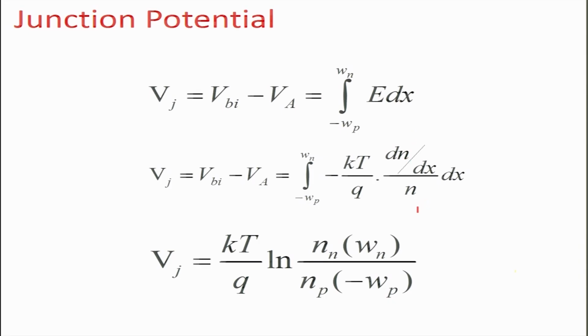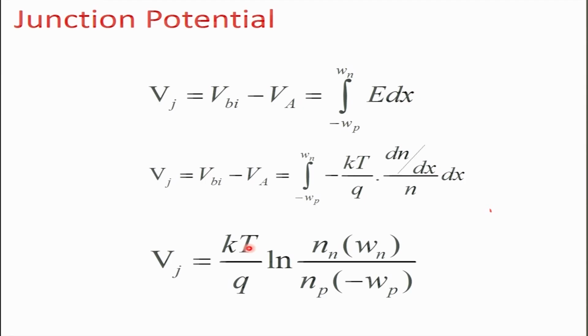Since we are taking this in terms of electrons, we get the relation for electron concentration. nn is the majority carrier concentration on the N side at Wn, and np is the minority carrier concentration at minus Wp. So the log of the ratio of majority carrier concentration on the N side to minority carrier concentration on the P side, multiplied by kT by q, is the junction potential. This is what we have established till now.